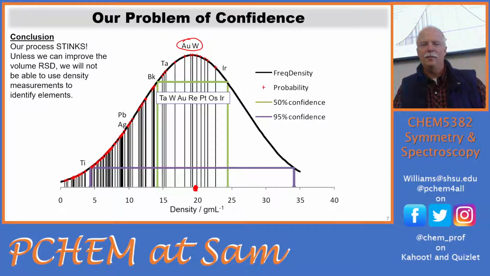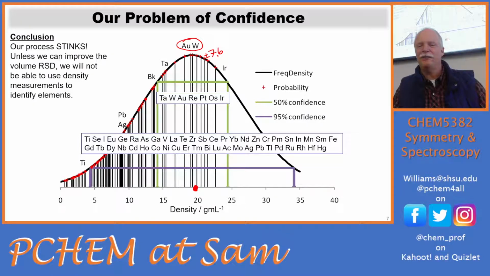But our plus or minus 7.6 would capture tantalum, tungsten, gold, rhenium, platinum, osmium, iridium. That's my 50% confidence interval. 95% confidence gets all of these. So this is our 95% confidence interval right here.